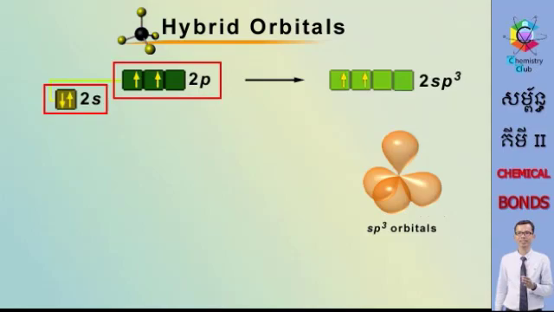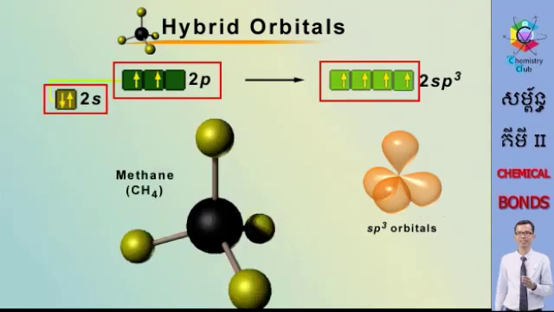We place 1 electron in every empty orbital before placing 1 in a half-filled orbital. Since carbon has 4 valence electrons, this leads to 4 half-filled sp3 orbitals. The 4 half-filled orbitals allow the carbon atom to form bonds to 4 hydrogen atoms, which arrange themselves in a tetrahedron.